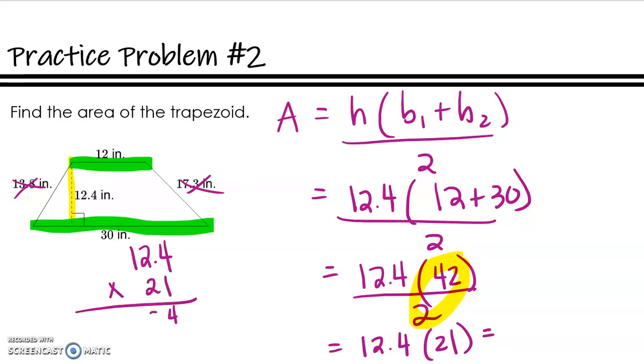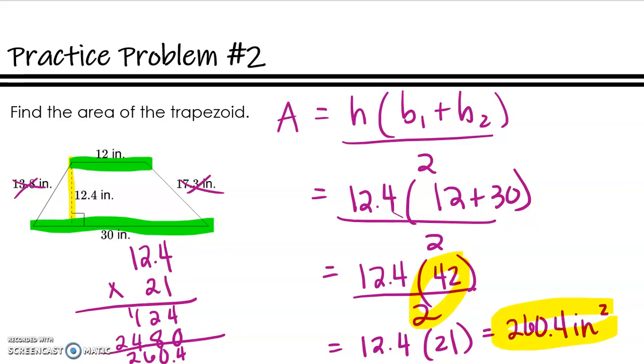So that's 4, 2, 1, placeholder, and now I'm doing 2 times 4, 2 times 2, and 2 times 1. And adding that up, my decimal is going to go here because I have a one decimal number behind the decimal in the problem. So it's 260.4 inches squared is my area.